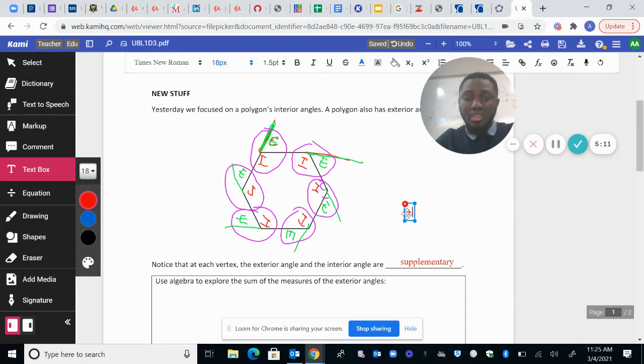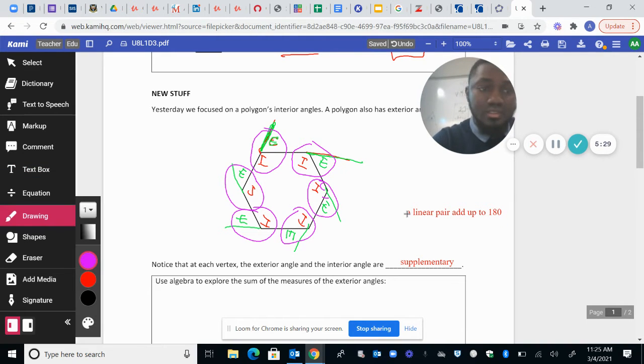So a linear pair adds up to 180 degrees.